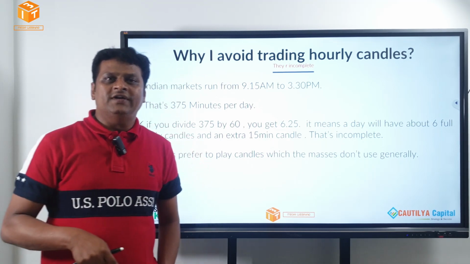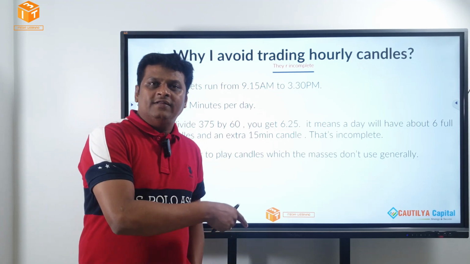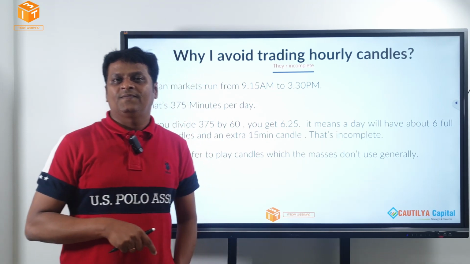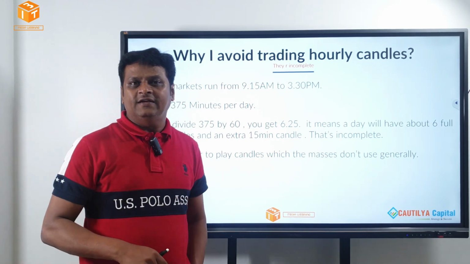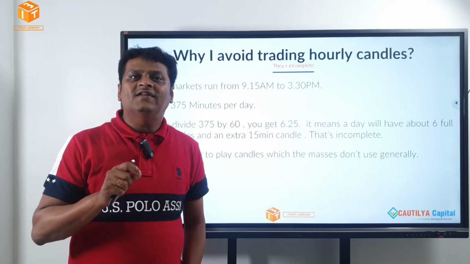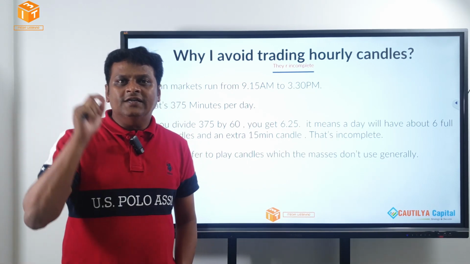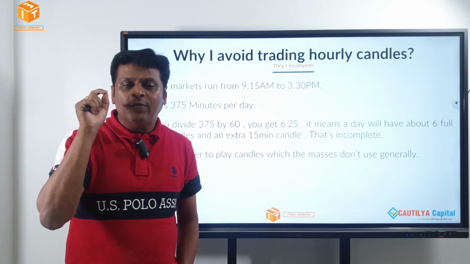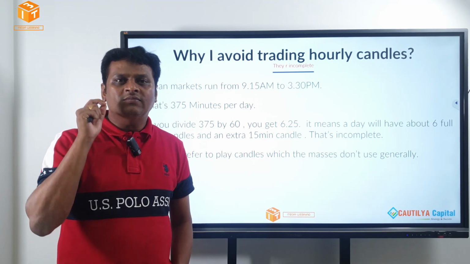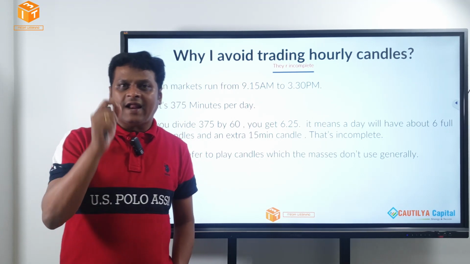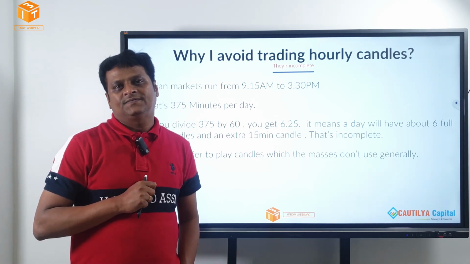Institutions will seek liquidity. In the process, institutions will hunt retail traders where they are trading in plenty. Your 50-day moving average, 200-day moving average, RSI 30, these are all levels where retail traders are available in plenty. That is the point where maximum liquidity exists. Wherever there is maximum liquidity, institutions come and play manipulations to trap retailers and take away their levels.